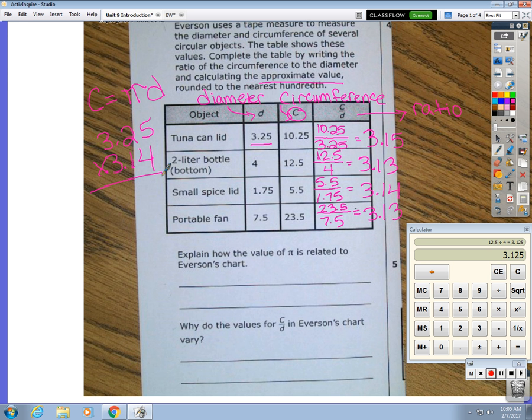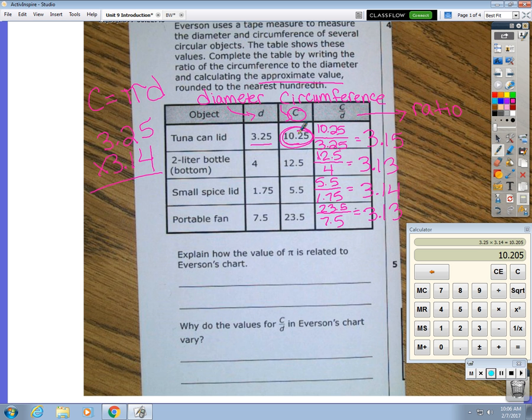What do you think I'm going to get? I should get 10.25. So in the calculator, I'm going to do the diameter, 3.25 times 3.14, and I get 10.205. If they use the actual pi symbol in the calculator, it would get even closer to this right here.